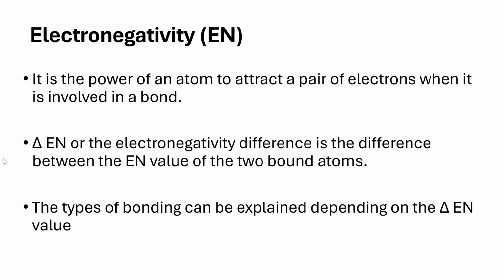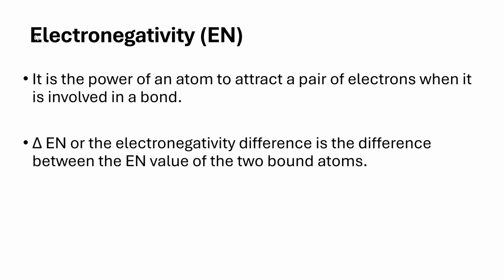If we consider the first example, which is HCl, H has an electronegativity of 2.2 and chlorine has an electronegativity of 3.